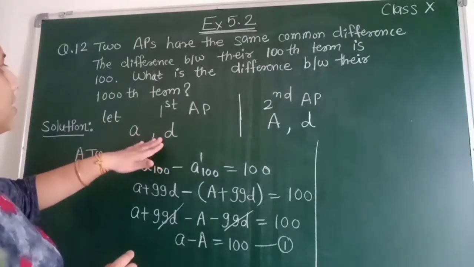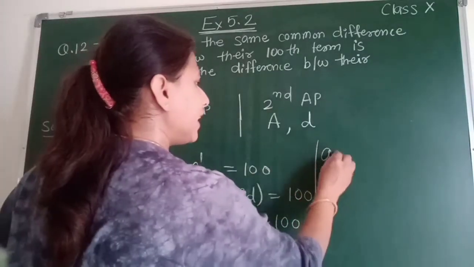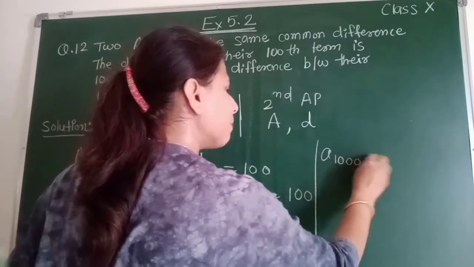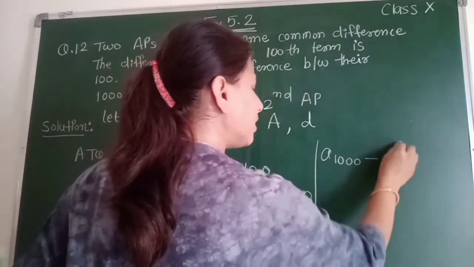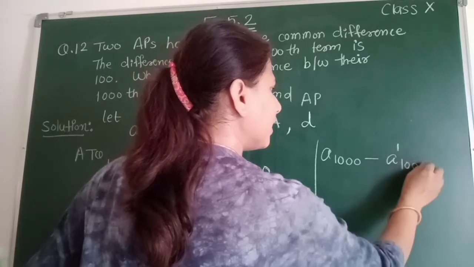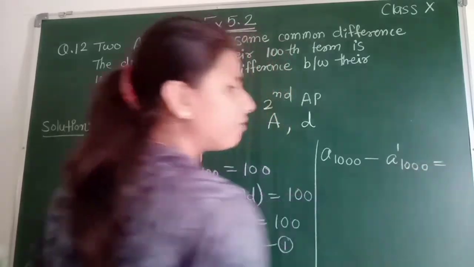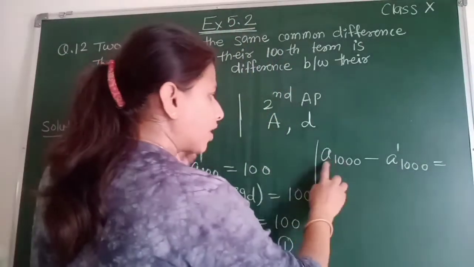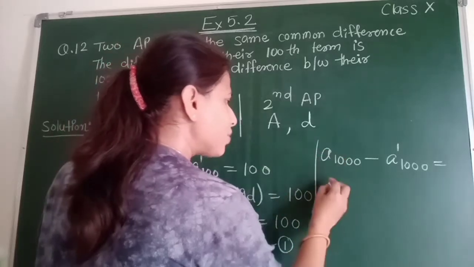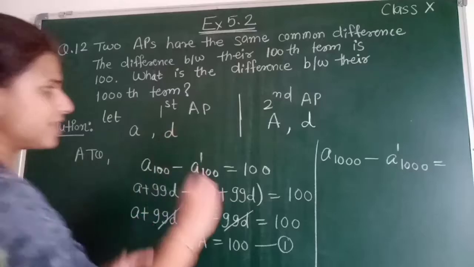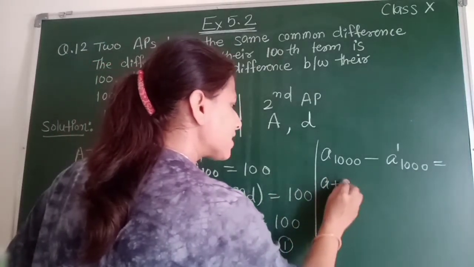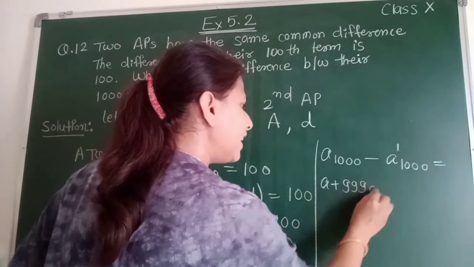For this first AP, the 1000th term will be A1000, and for this second AP, the 1000th term will be A dash 1000, and this value we have to find. So what will be this 1000th term, student? For this first AP, as the first term is A and the common difference is D, it is A plus 999D.